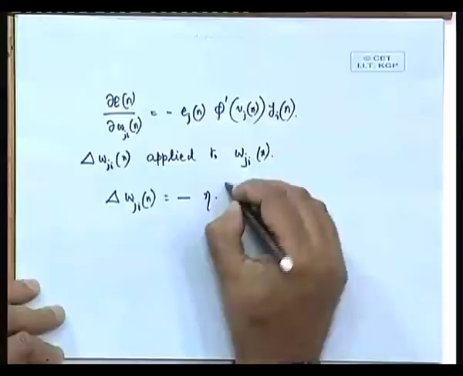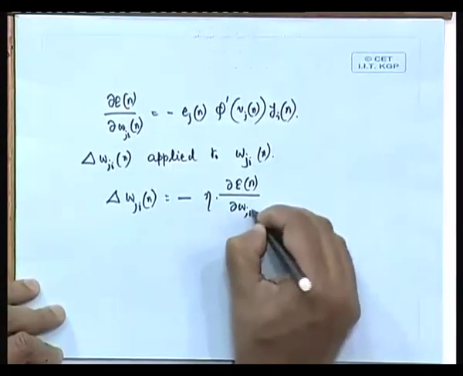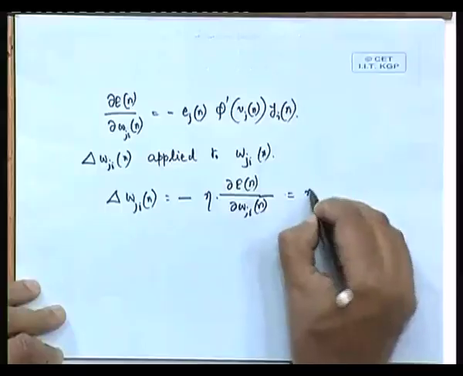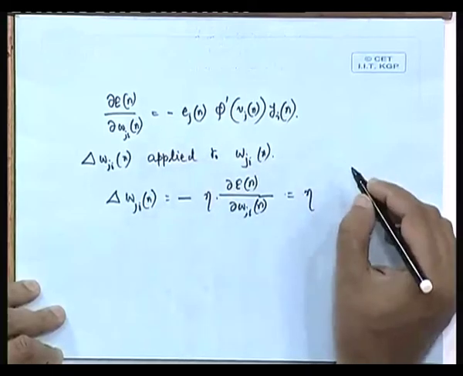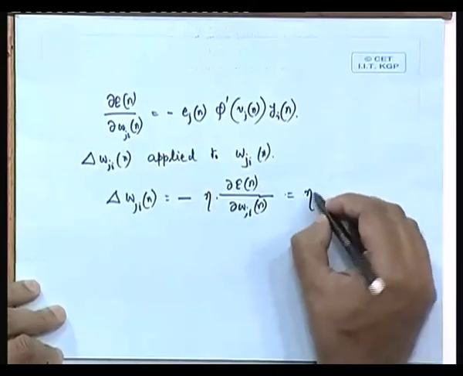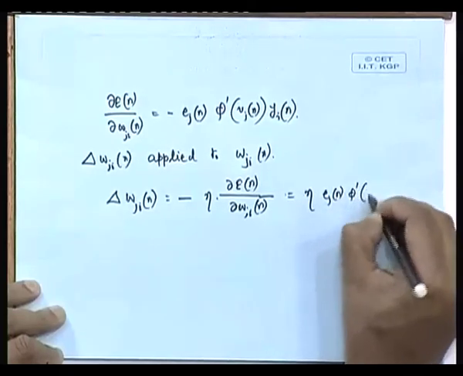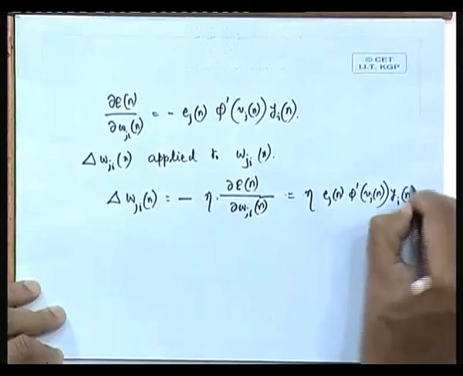So it is equal to minus eta times dou En dou Wjin, because it should be in the direction negative to the direction of the gradient. That means it simply becomes eta times Ejn phi dash Vjn times Yin.